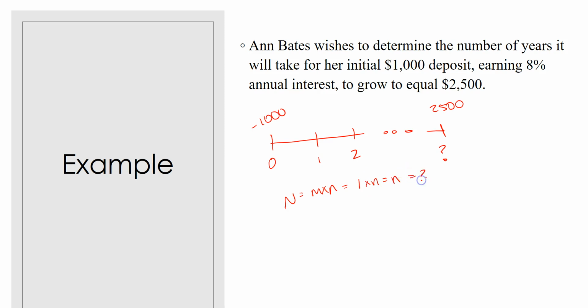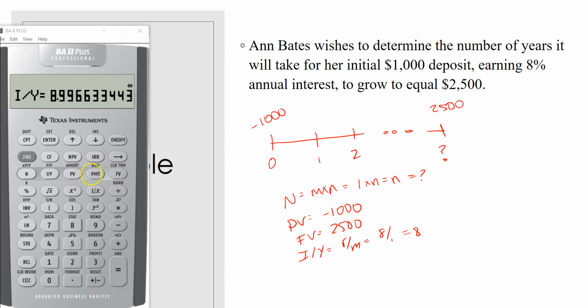And that's what we want to solve for, years. We deposit $1,000 and we want to withdraw $2,500. The interest rate is 8%. Let's calculate time. So first step, I'm going to clear my time value of money.